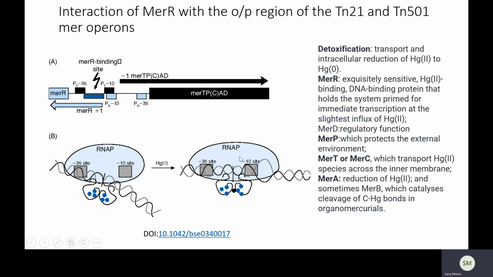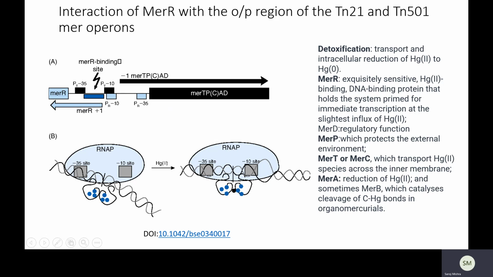So the difference between this picture and that one is that this is an inactive repressor, which is not able to cause transcription of the genes right here, but in the presence of mercuric ions, it changes conformation and activates this. So what you see here is actually denaturation of the double-stranded DNA and transcription.